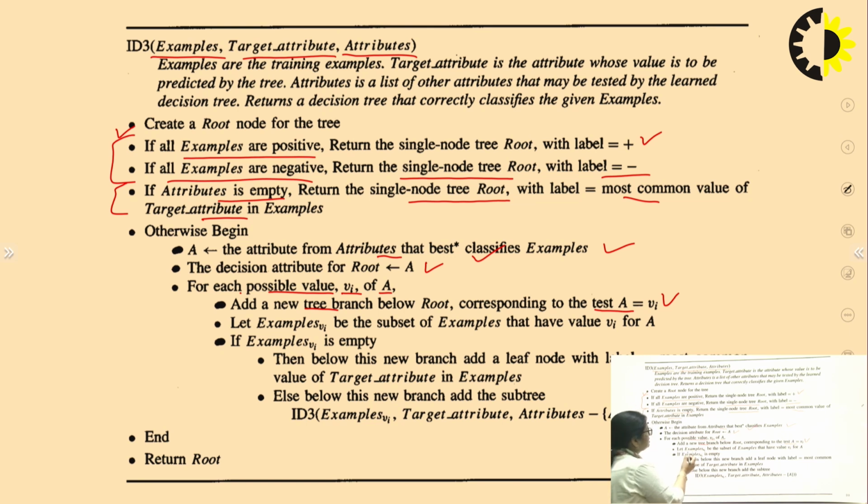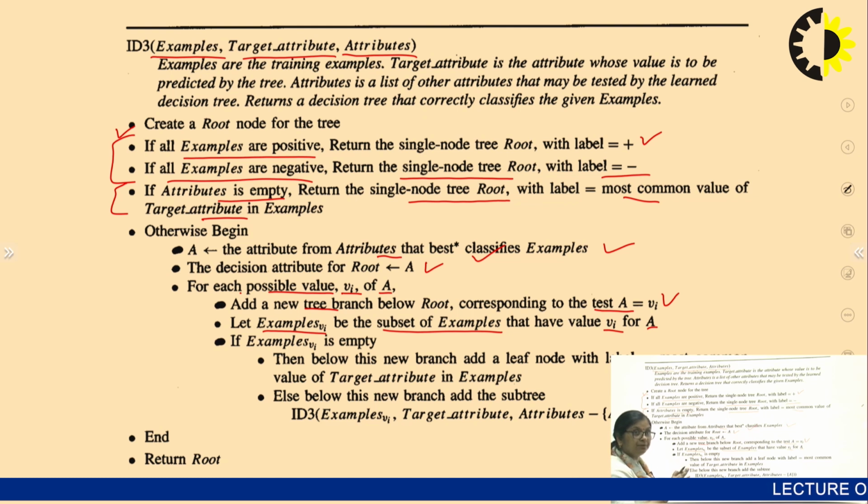Now which example set will we take? We will take the subset in which that value has been taken, so it will be the subset of examples that have the value vi for A. Here we are talking about the instances from the given example set in which the value is sunny.